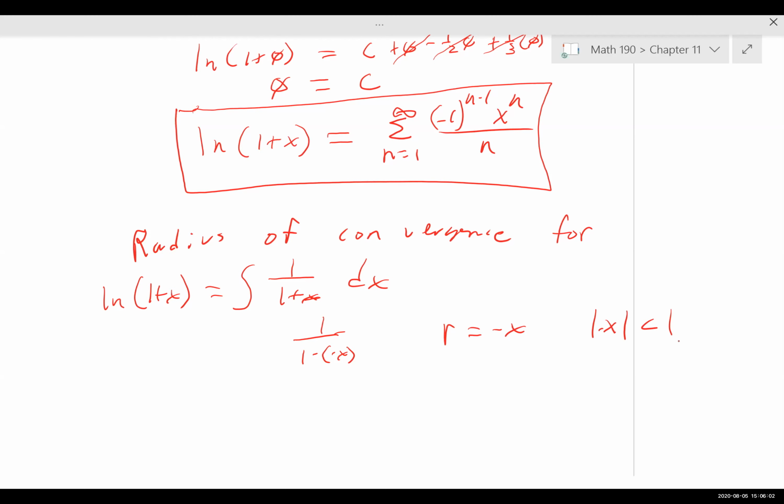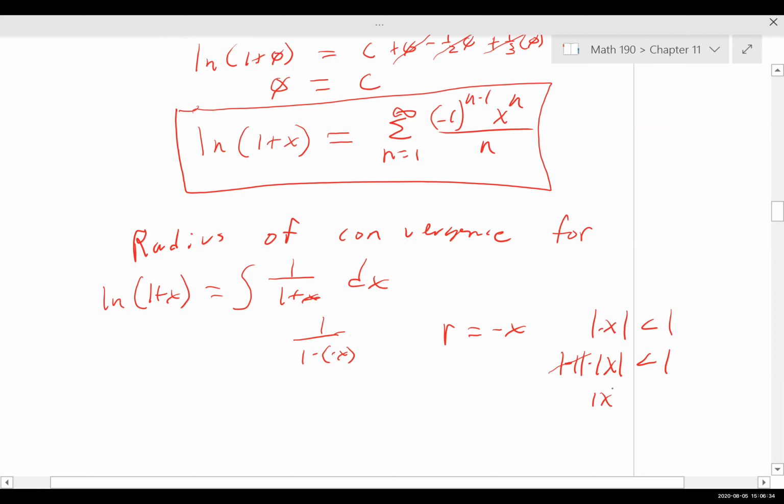So what's the absolute value of negative x? That's just going to always make this thing positive, so that's the same as the absolute value of x. I could think of this as the absolute value of negative 1 times the absolute value of x, and the absolute value of negative 1 is 1, so that goes away.